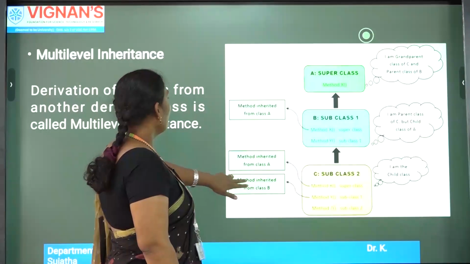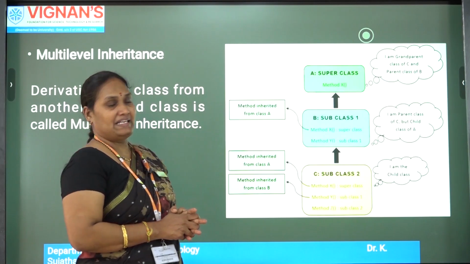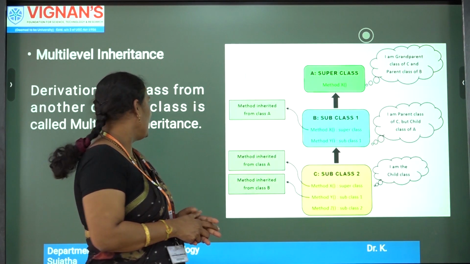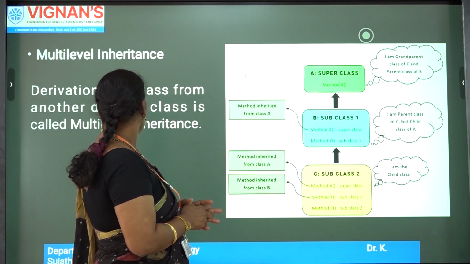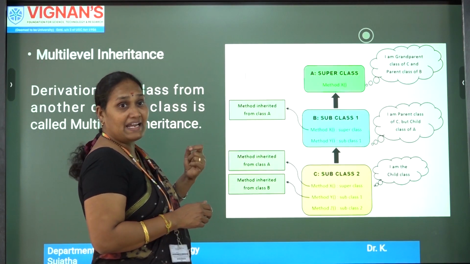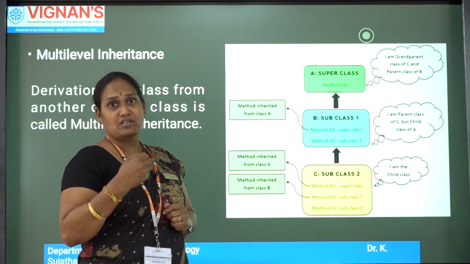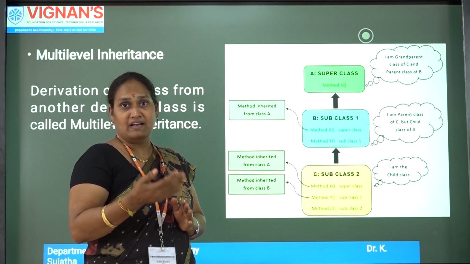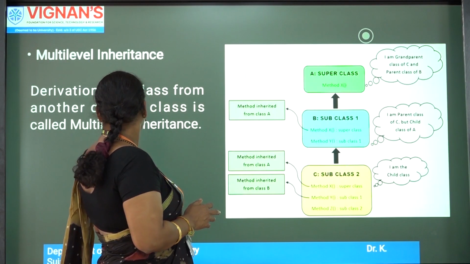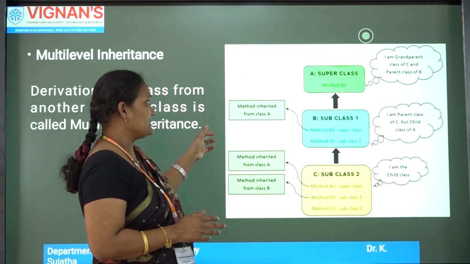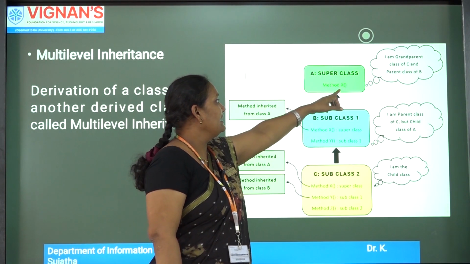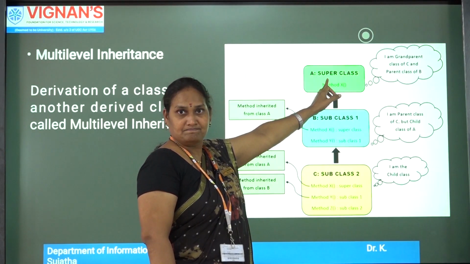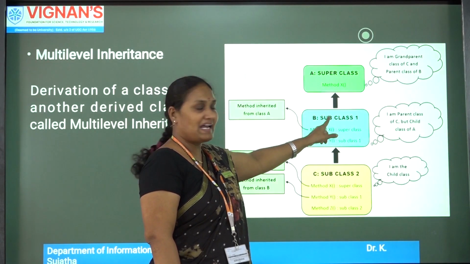Right. Now coming to the next one, multilevel inheritance. What is meant by multilevel inheritance? Derivation of a class from another derived class is called multilevel inheritance. Now here you can see that I have a superclass and I have a subclass.